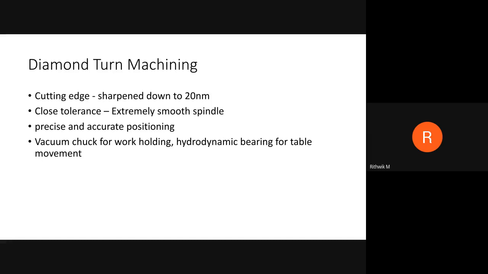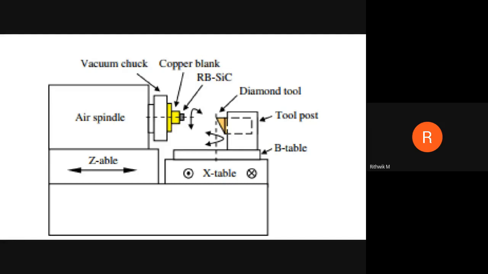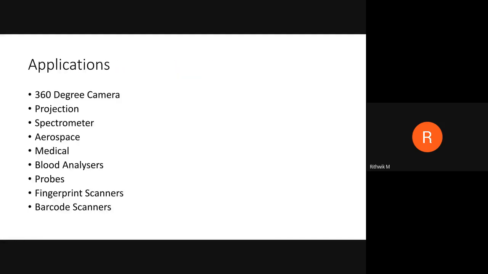Now we will see what the main applications are. These are the main applications of diamond turn machining. Mainly we are focusing on the production of complex optical shapes and geometries.